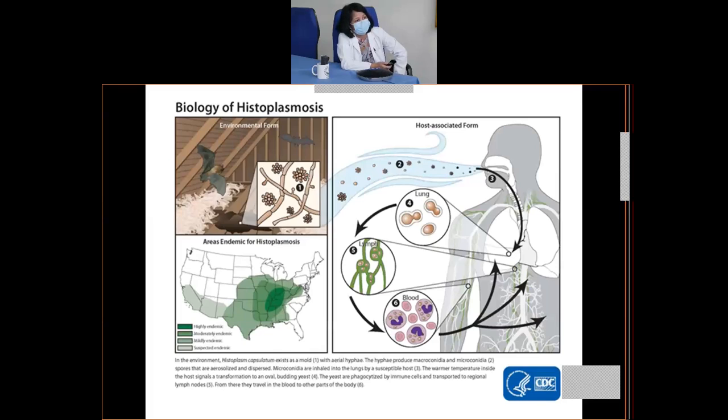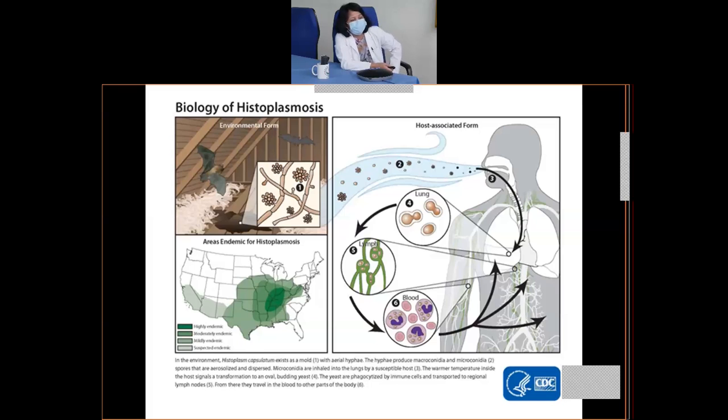So you can see here, Number 1 picture is the hyphae along with the conidia. Infection occurs through inhalation of these conidia. They go into the lungs where they are taken up by the alveolar macrophages, but there they are converted into the yeast forms, and from there they can be disseminated to other parts of the body.